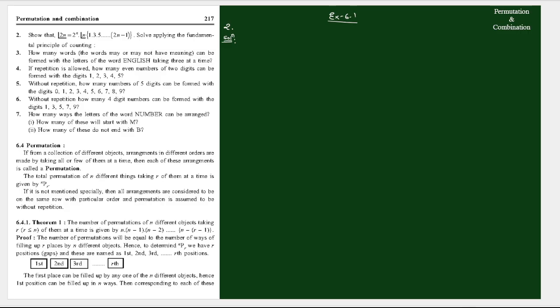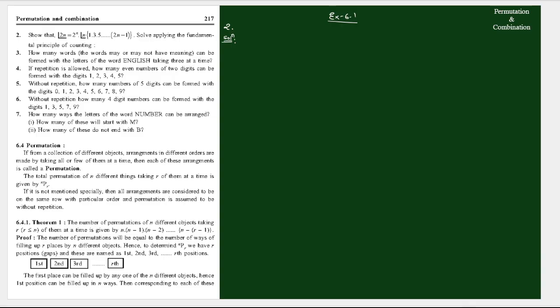Show that factorial 2n. Okay, we have also learned about the factorial notation. Factorial is the product of all natural numbers, the n natural numbers. It is a continued multiplication.